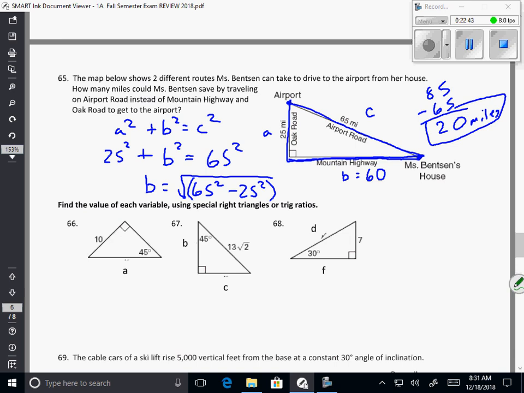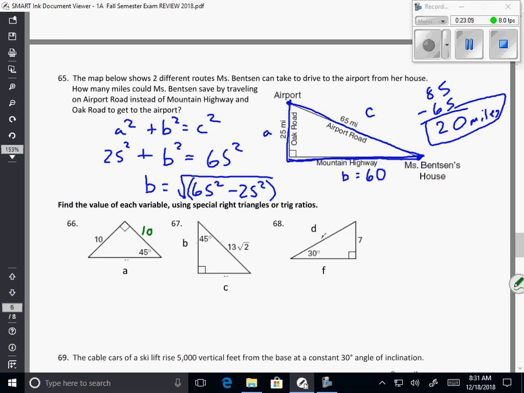All right, find the value of each variable using the special right triangles or trig ratios, either one. So this is a 45, 45, 90, which means we know this has got to be 10. We can either use the Pythagorean theorem, 10 squared plus 10 squared equals the hypotenuse squared, or we can use trig.